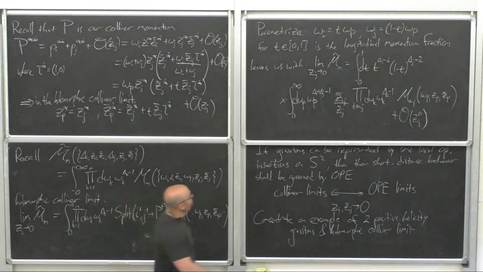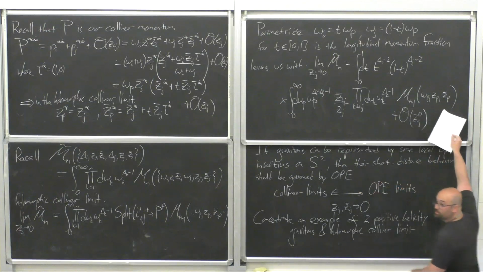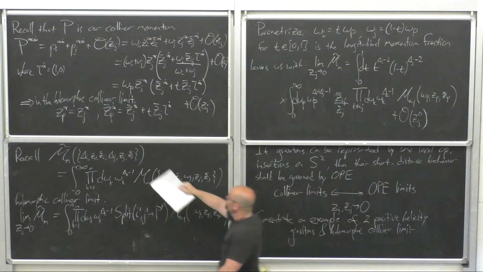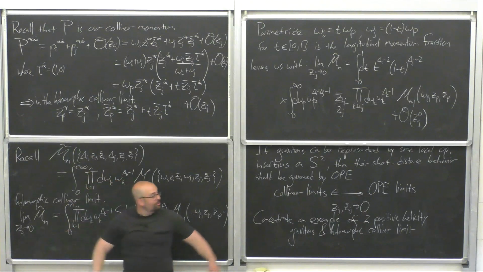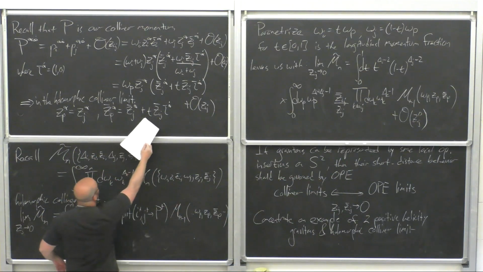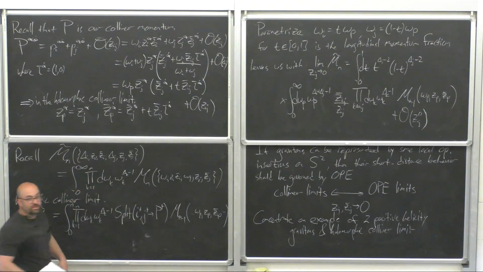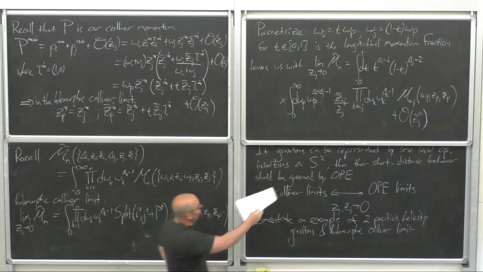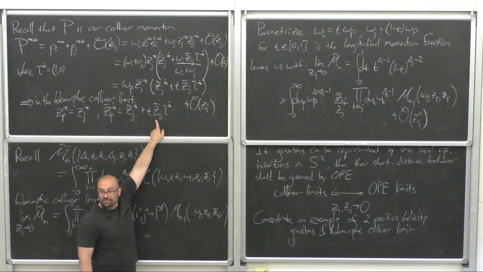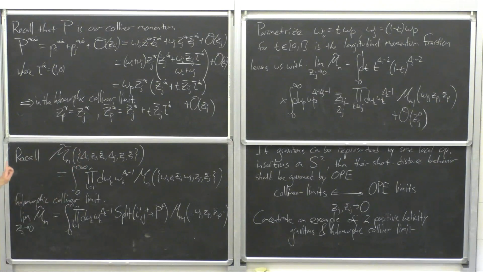That means that in my momentum space amplitude, I can replace z p by z j, and I can replace z bar p by z bar j plus this order t correction, order z bar ij correction. And then I can expand this function in a power series in z bar ij. And then I'm in the ballpark of getting something that looks like an OPE.